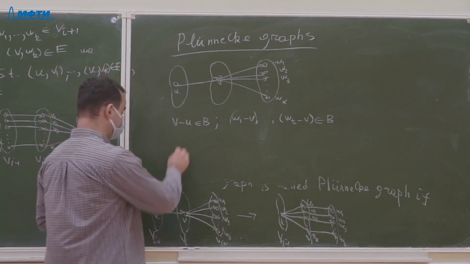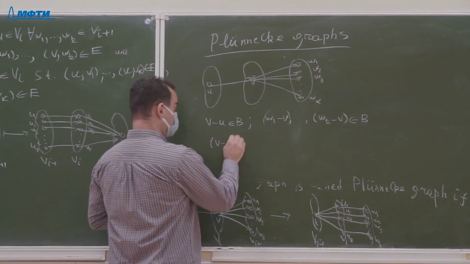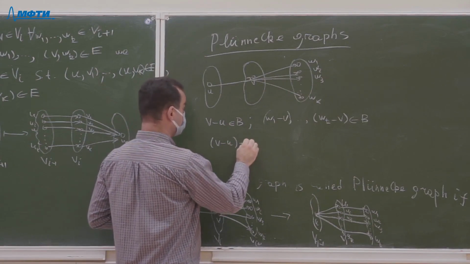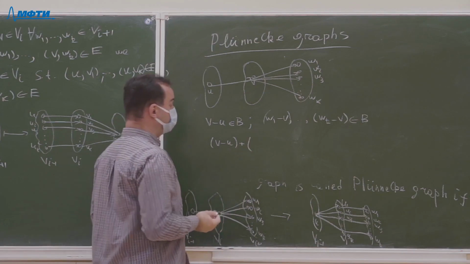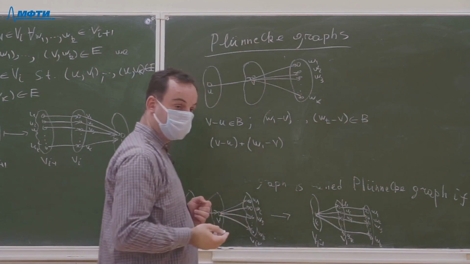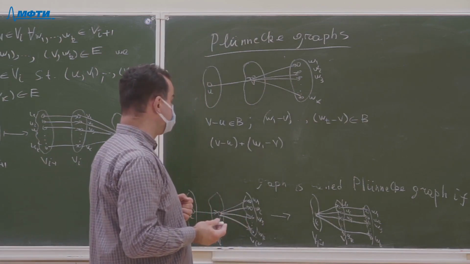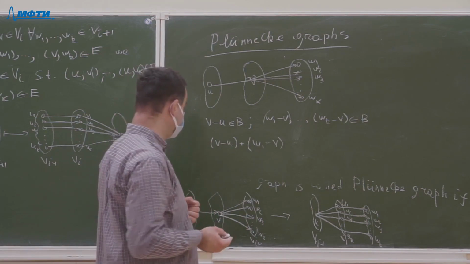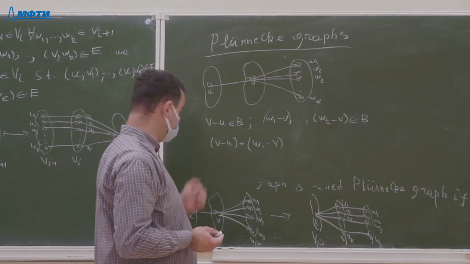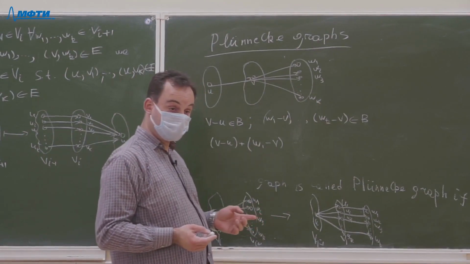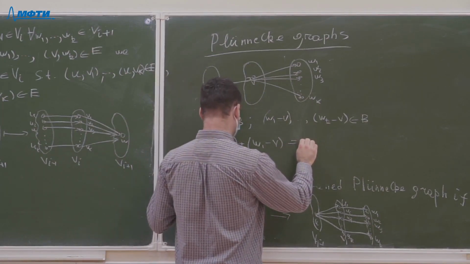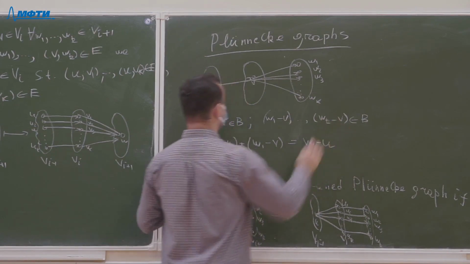Just do this. V minus U plus W1 minus V. This is what? This is W1 minus U, right?